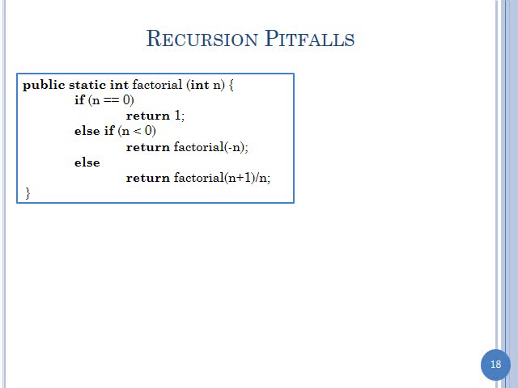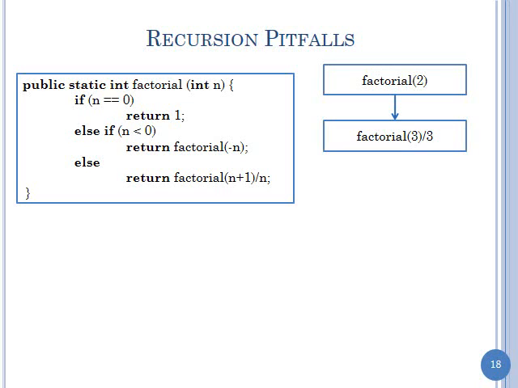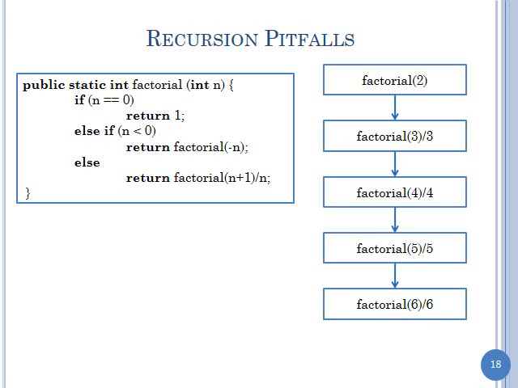Divide by 0? No, I don't think we're ever going to actually get that. So what's going to happen? Factorial 2, so we call factorial 3 by 3. Wouldn't it be nice if we had the 0 problem? We're not even going to 0.